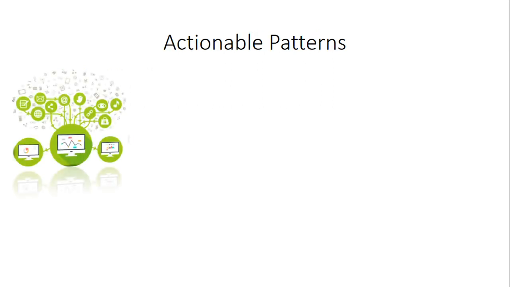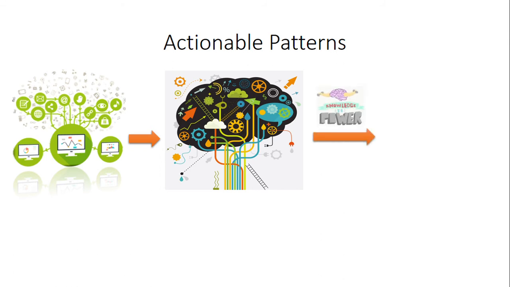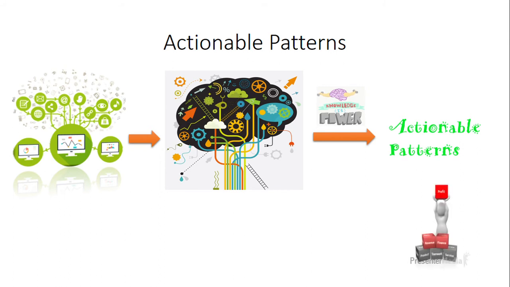Given our data, we need to build a model or an algorithm that reads the data, parses it, cleans it, and finally produces knowledge in the form of actionable patterns. A user or a company can use such actionable patterns for their own advantage, whether to increase a profit or to decrease a loss.